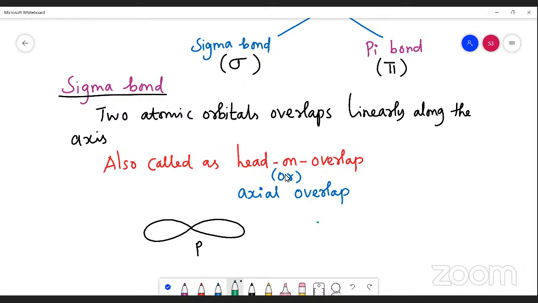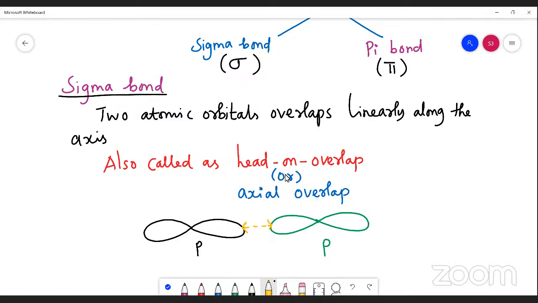When these two atomic p orbitals overlap by using their ends, like this, it forms a head-on overlapping.